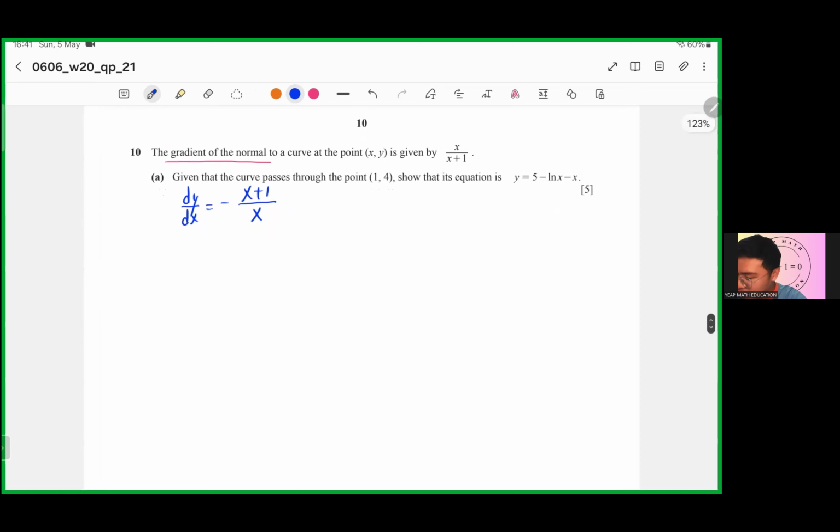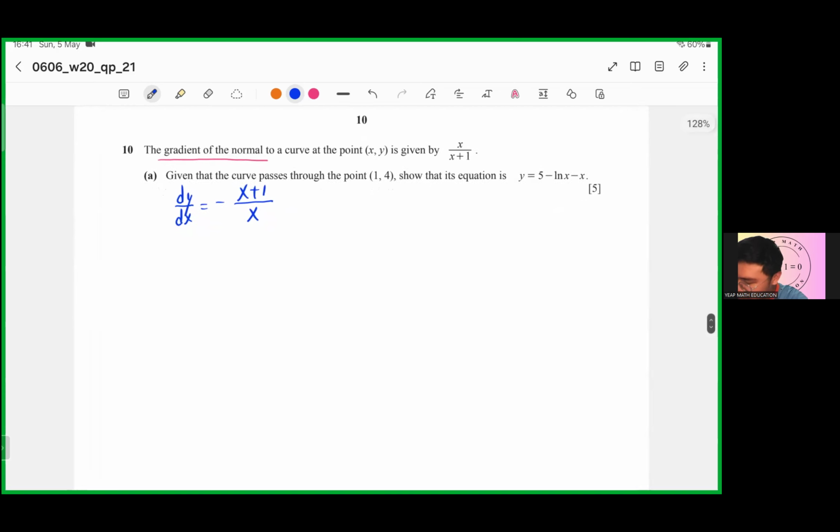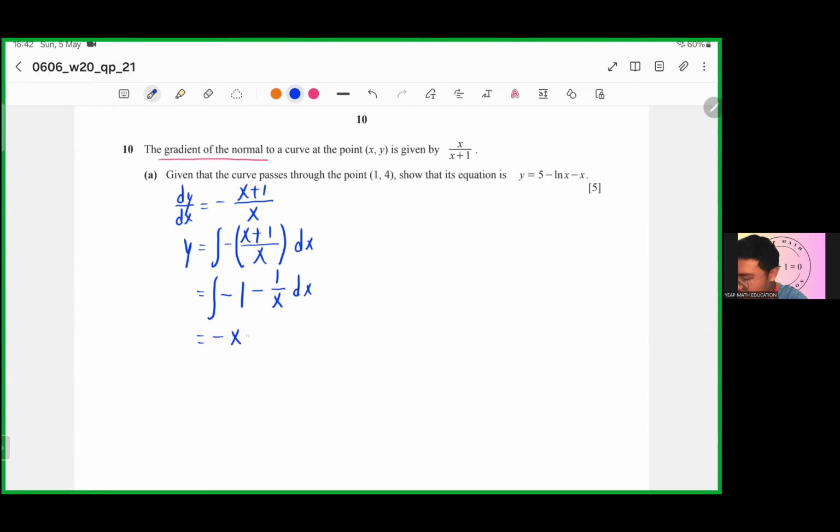Now we need to find the equation of the curve, right? So y equals the integral of negative (x plus 1) over x dx. Actually it's the whole thing, not one part. So integrating negative 1 minus 1 over x dx gives negative x minus ln x plus c.